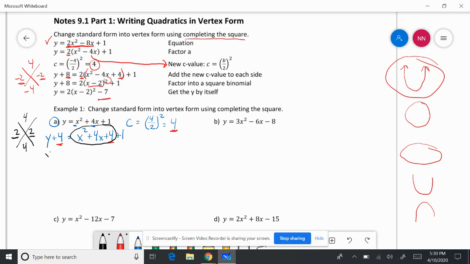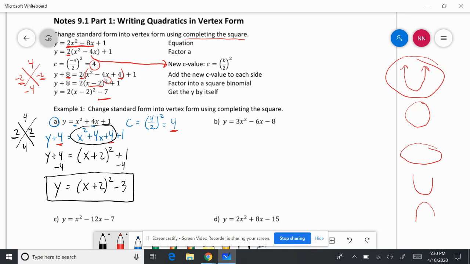So we have y plus 4 equals x plus 2 squared, because there's two of them. We have plus 1. The easiest step is getting the y by itself. We'll subtract the 4, and we get y is equal to x plus 2 squared minus 3. And that right there is our answer.